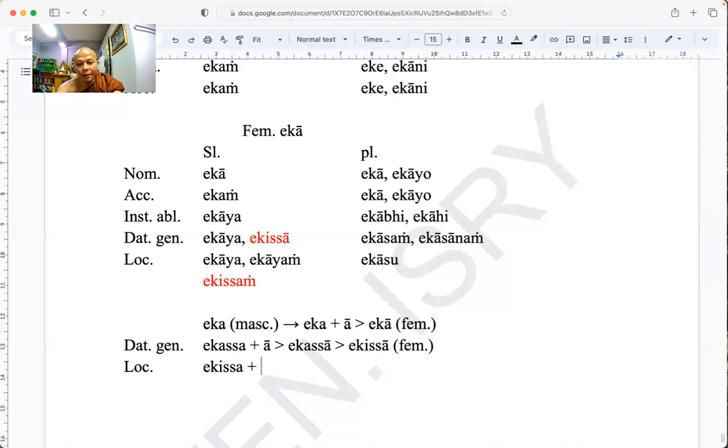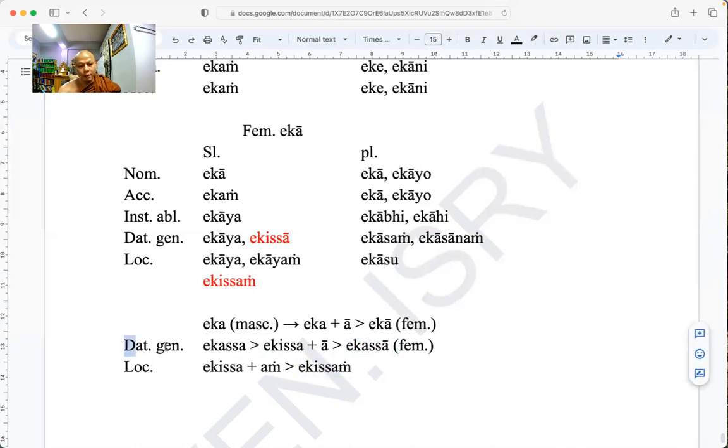So by adding am, we get ekesam in this way. Maybe this change starts from this stage. Firstly, ekasa is changed to e, so the ekesa stem, and from that one we again get ekesam.